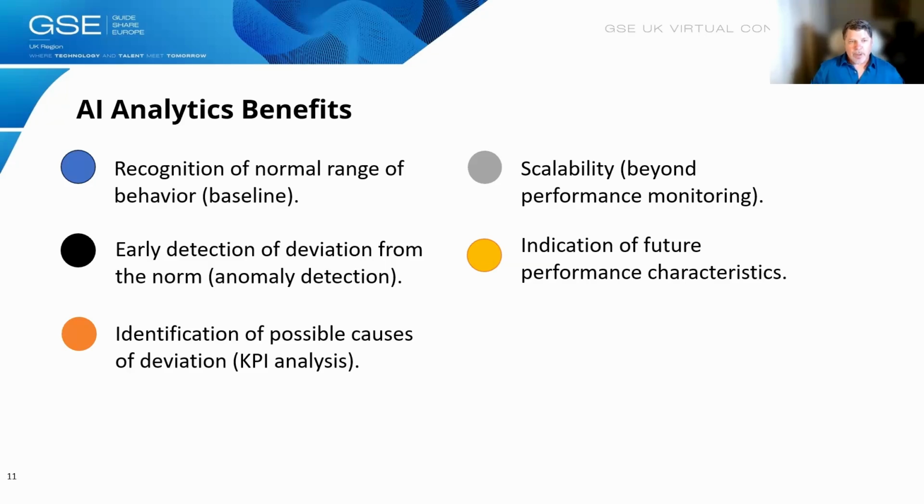But another really cool part of using these AI techniques is that the functionality that we're using goes beyond performance monitoring. You can use these techniques to do other kinds of analysis on your systems, right? You can use these techniques in financial markets, looking at the different characteristics of the markets.